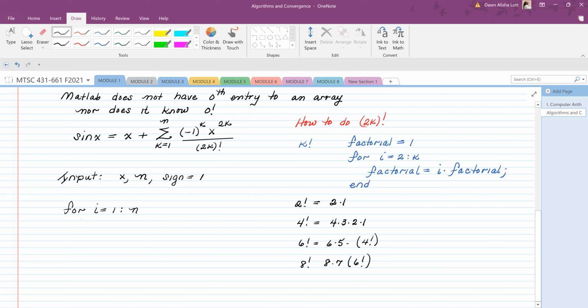The first thing we're going to do is let sign be -1 times sign. So now when i is 1, sign will be -1. When i is 2, it'll multiply by -1 again and become positive. So we're going to alternate our sign.